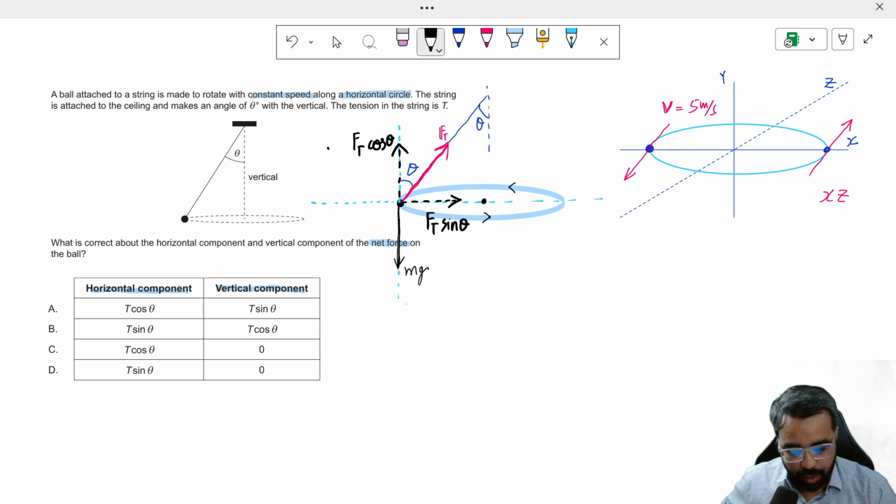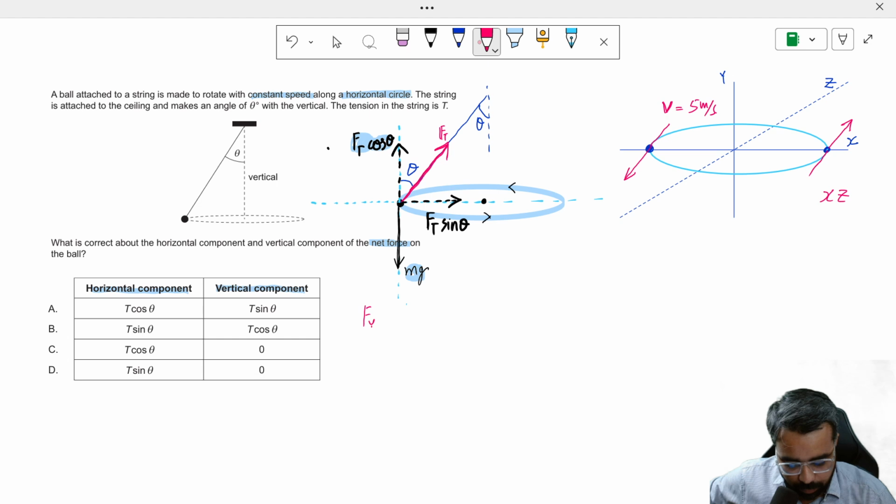Now you see very clearly that the upward force and the downward force are balanced. So what about the resultant force, the sum of all forces along the y-axis? That must be 0, dear students, because the upward force and downward force are balanced.